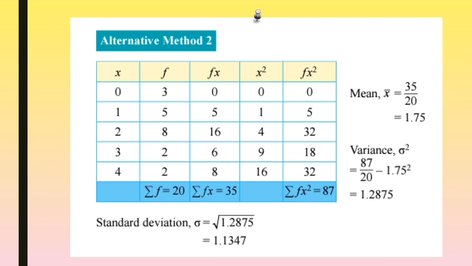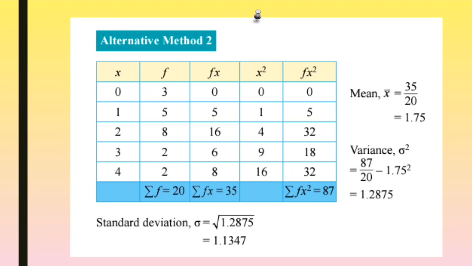You also need to square your data and multiply by the frequency. That is called frequency times the data square. So 3 times 0 is 0, 5 times 1 is 5, 8 times 4 is 32, 2 times 9 is 18, and 2 times 16 is 32.